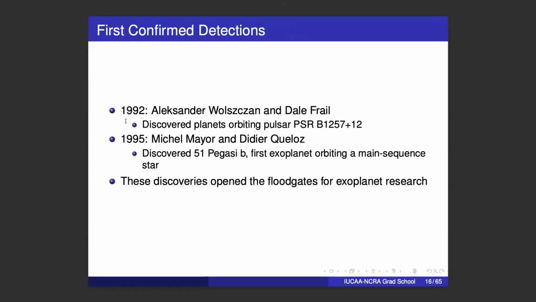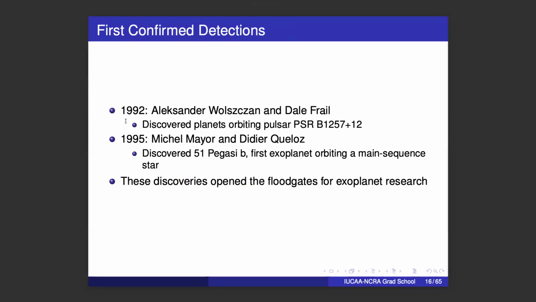In 1992, a planet was discovered in orbit around a pulsar. Okay? Because this pulsar had been studied for many years, and these people were able to find the presence of an object which was perturbing the pulsar.